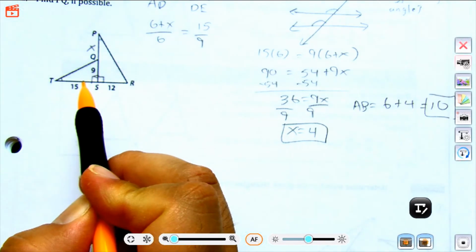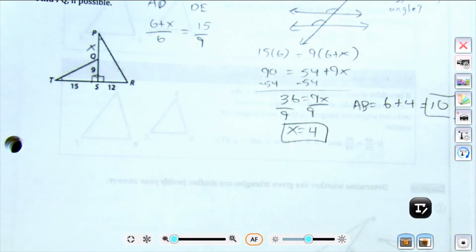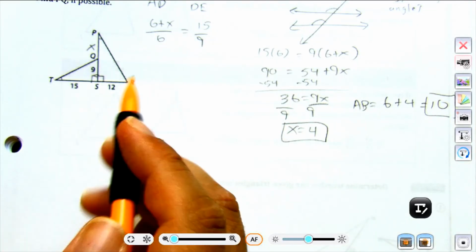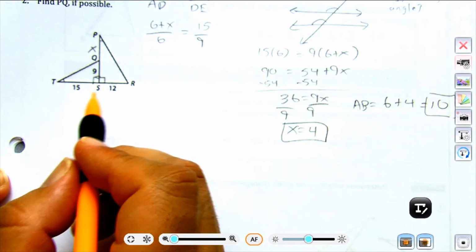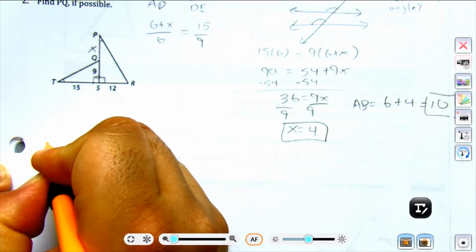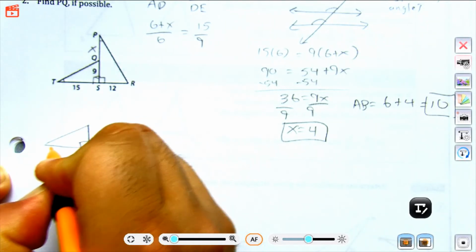Now that we're using the similarity theorem, we have to create our proportion. Before we do that though, let me draw the two figures, how they would look if I put them in the same direction. I'm not going to change the small one. The small one's going to stay the same. That's going to be TSQ.